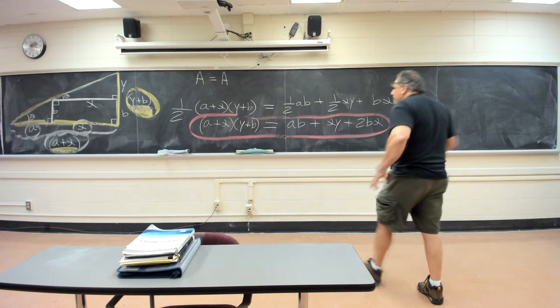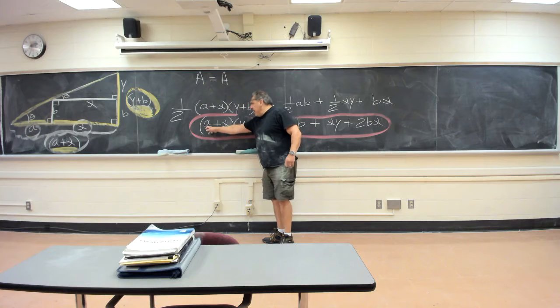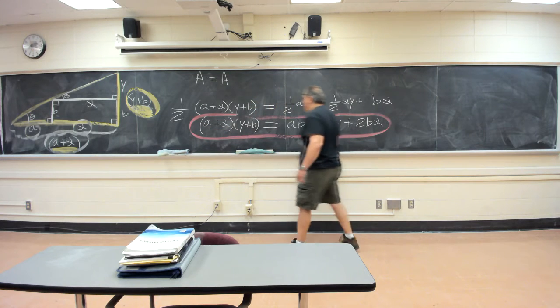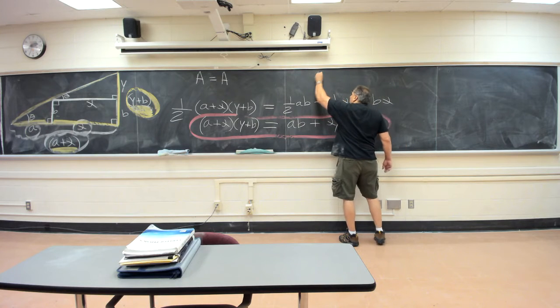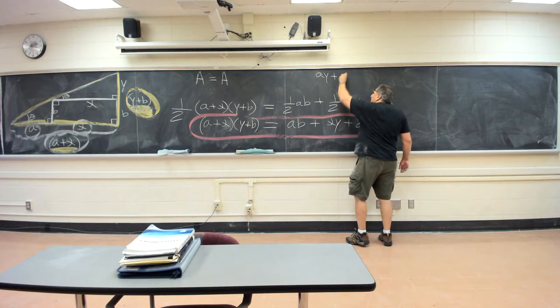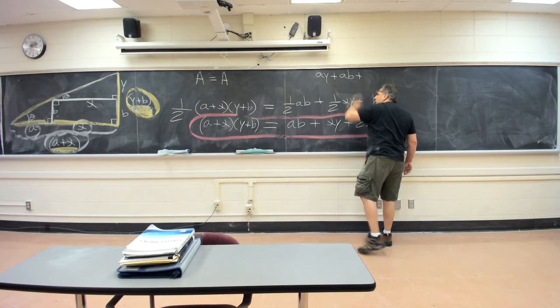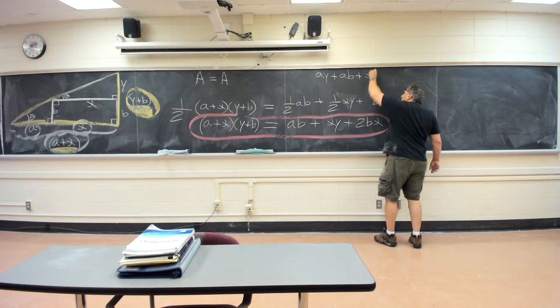Do the FOIL method right here. Take the A and distribute it across the Y and the B. AY plus AB. Take the X and distribute it. XY.